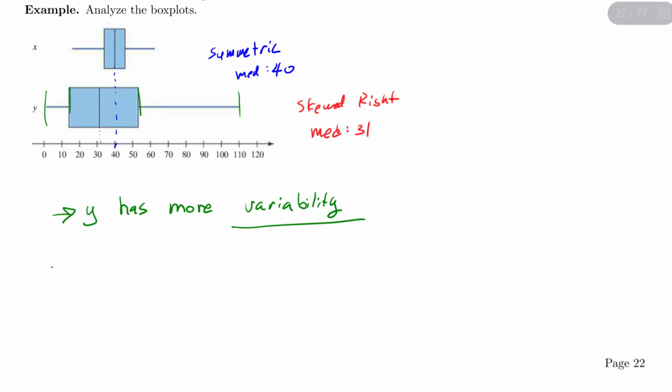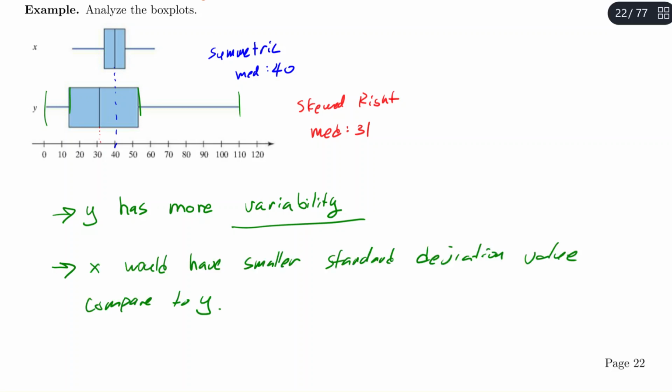Another thing we can conclude is X would have a smaller standard deviation compared to Y. That's because, first of all, X is symmetric, which means the mean and median are very close if not exactly equal. And it's not as spread out compared to Y, so the data in X is closer to the mean.